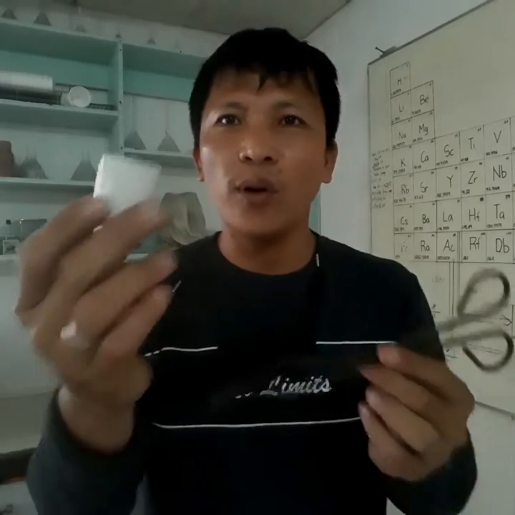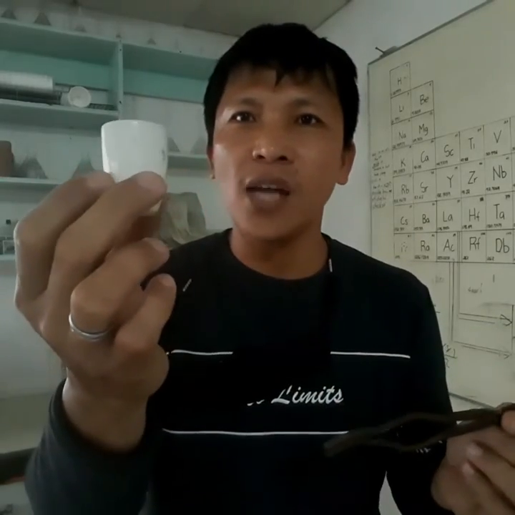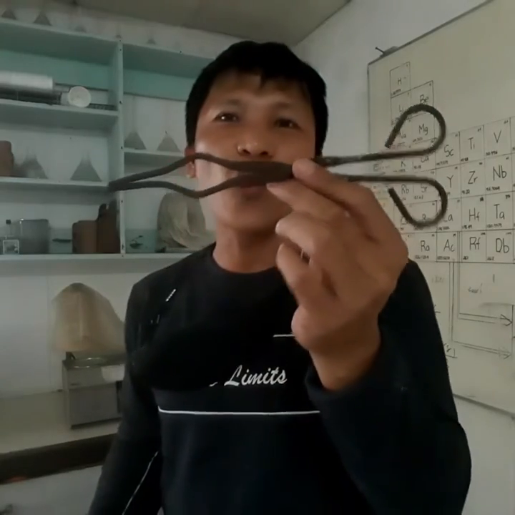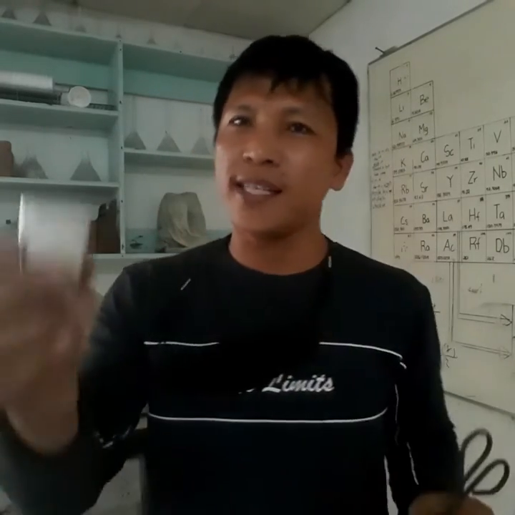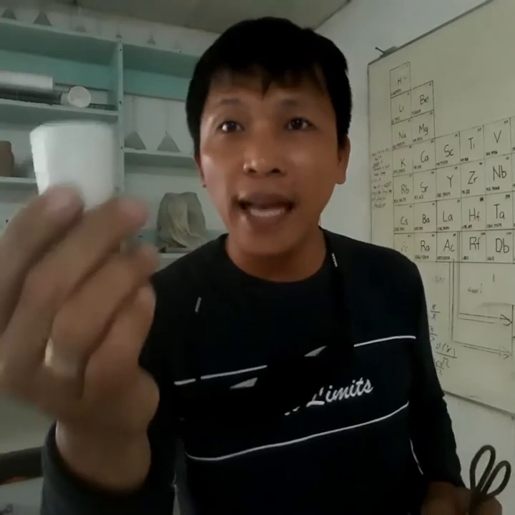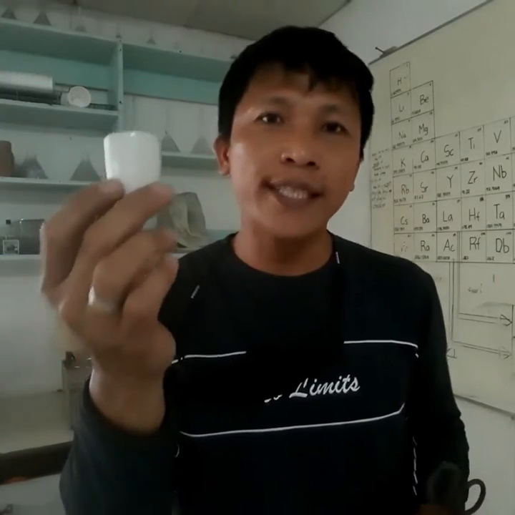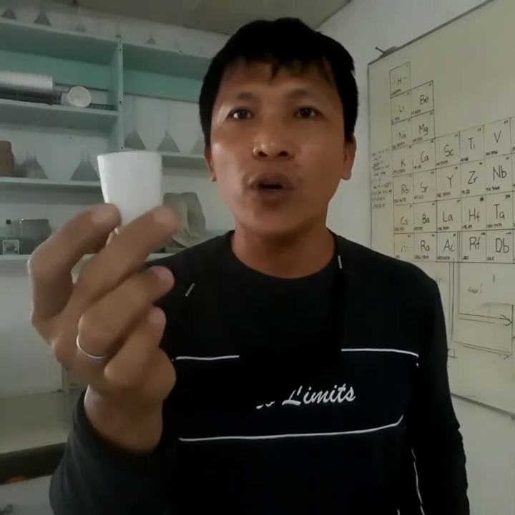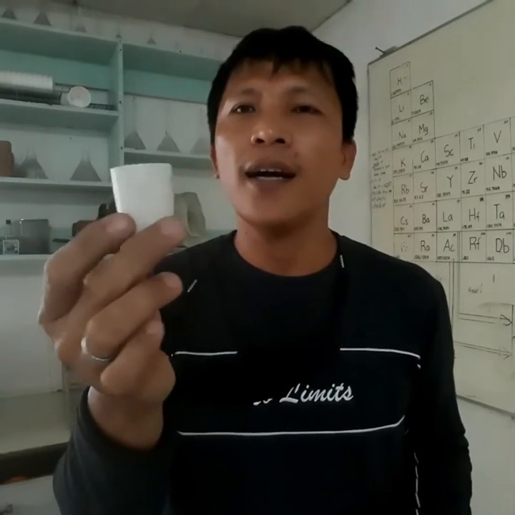This one is a crucible. And this one is a crucible tong, meaning holder of a crucible. As you can see, your crucible is made of ceramics. If you have a ceramic type of laboratory tool, you can perform heating, usually burning.